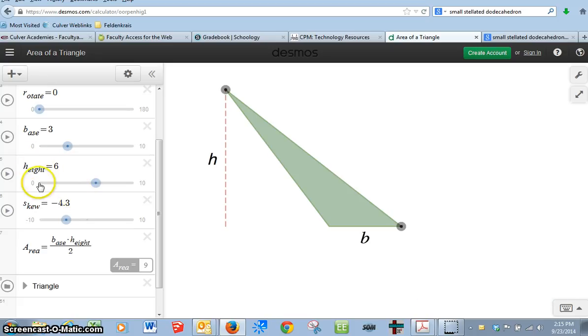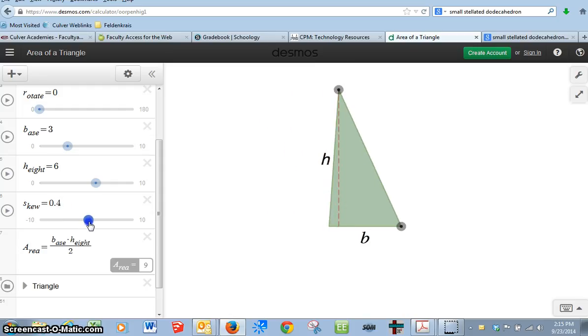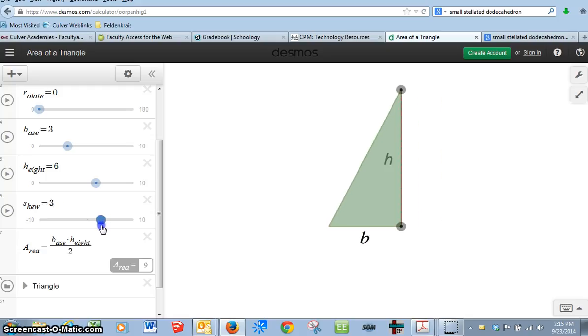And when I change the skew back to the isosceles triangle, the area is still 9. When I change it to the right triangle, the area is still 9. And when I change it to the reflection of this right triangle, the area is still 9 square units.